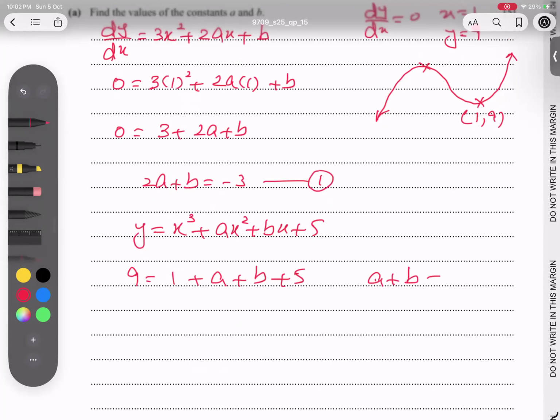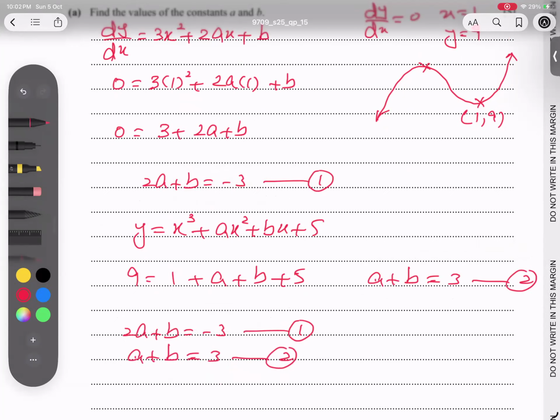So a plus b is equal to 3. So I'm going to solve them simultaneously.